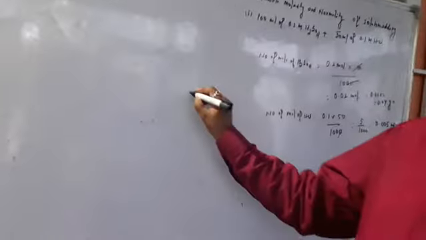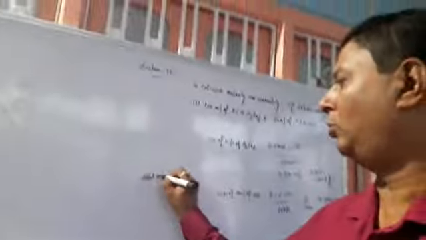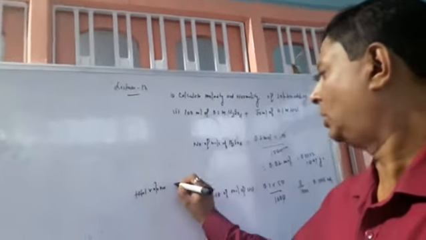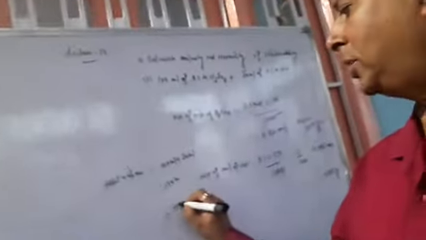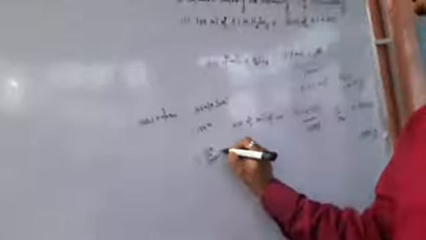And the equivalent is also 0.005 gram equivalent, due to basicity being 1. The total volume is 100 ml plus 50 ml, that is 150 ml. When converted to liter, 150 divided by 1000, that is 0.150.